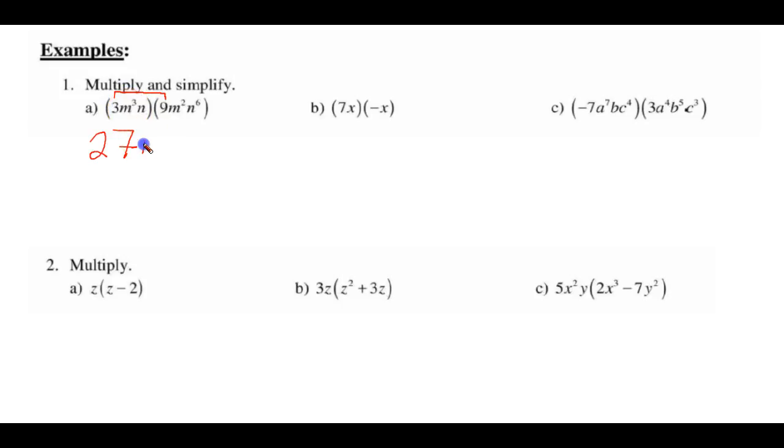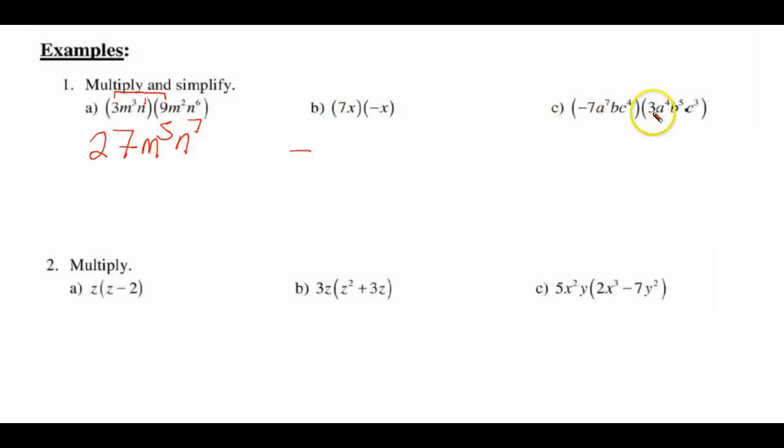So this will be m to the 5th, n to the 7th. Remember, there's a 1 there that we don't write. Okay, now watch the signs too. For instance, when you have a positive times a negative, this answer will be negative. And if you figure that out ahead of time, then you don't have to worry about the signs.